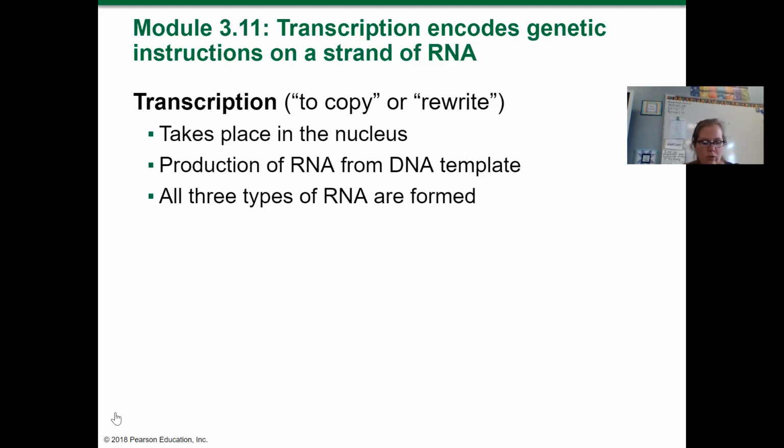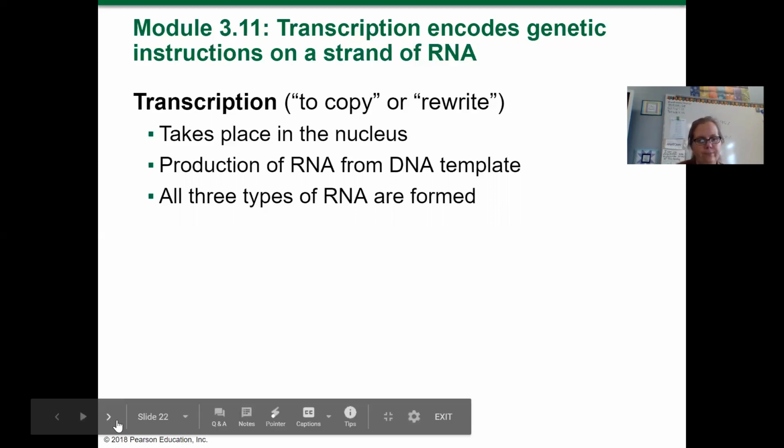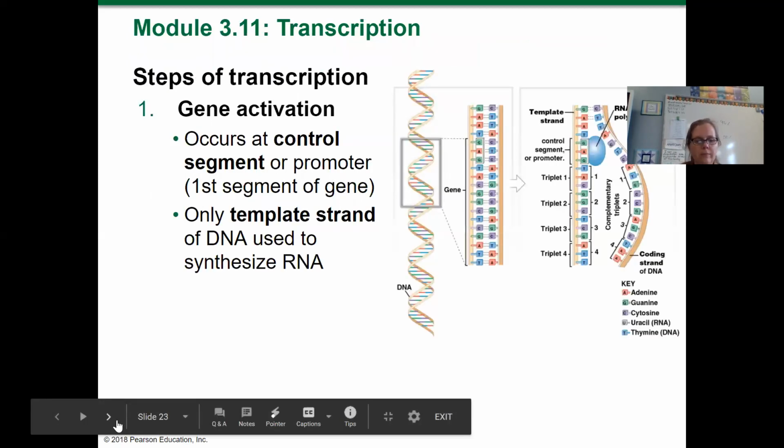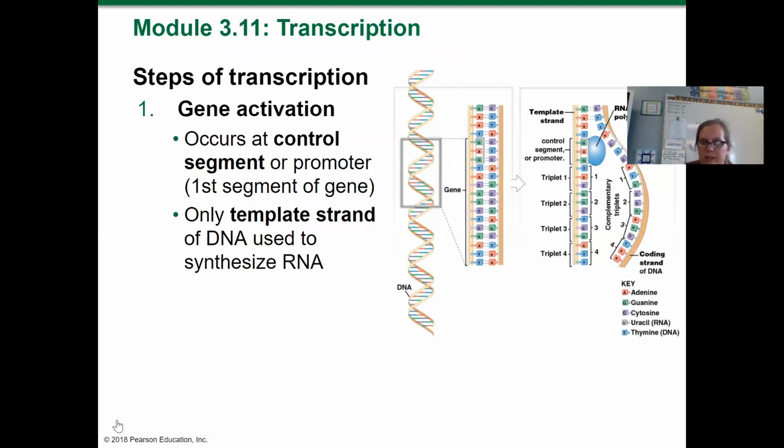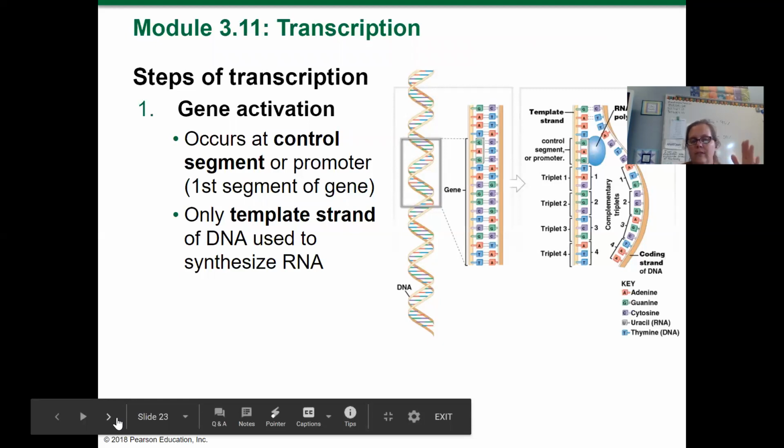All right, transcription is that first part of the flow, to take the DNA and make an RNA strand. The steps of transcription: gene activation occurs at a segment, just a little part of the gene, and only one side of it is going to be a template in order to make the mRNA.